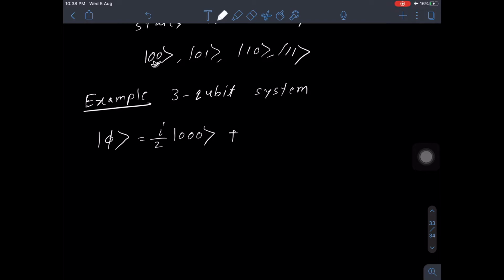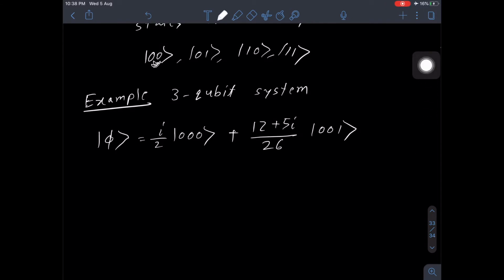And if you remember correctly, this is nothing but 0 tensor 0 tensor 0. So this is just a shorthand notation. All right, then plus 12 plus 5i by 26 times 001.